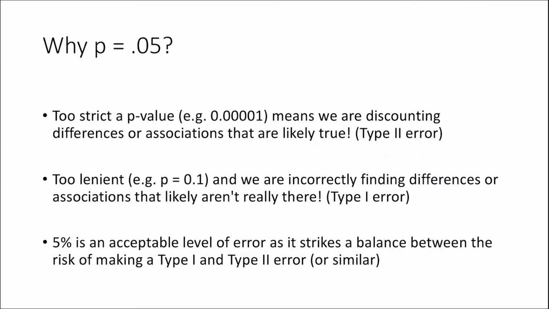So why p equals 0.05? This is our conventional level, our standard level in psychological research. And you can assume that if the p-value isn't given, the p-value was set at 0.05 before the research.